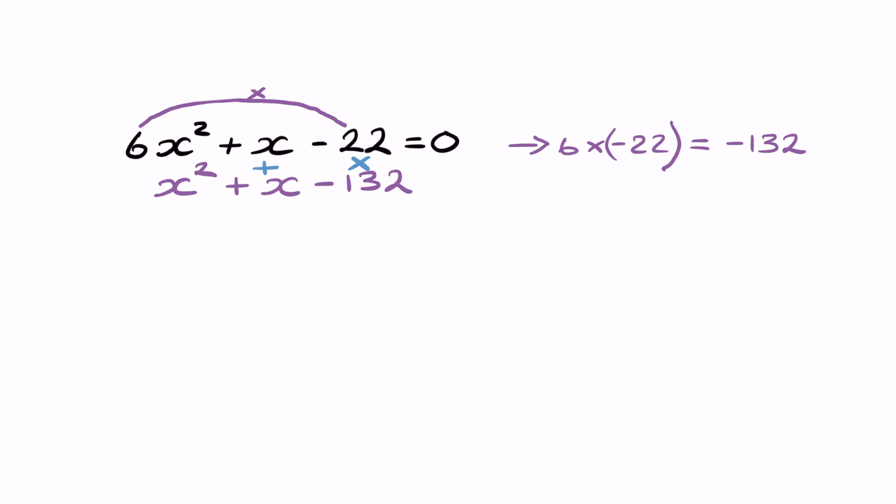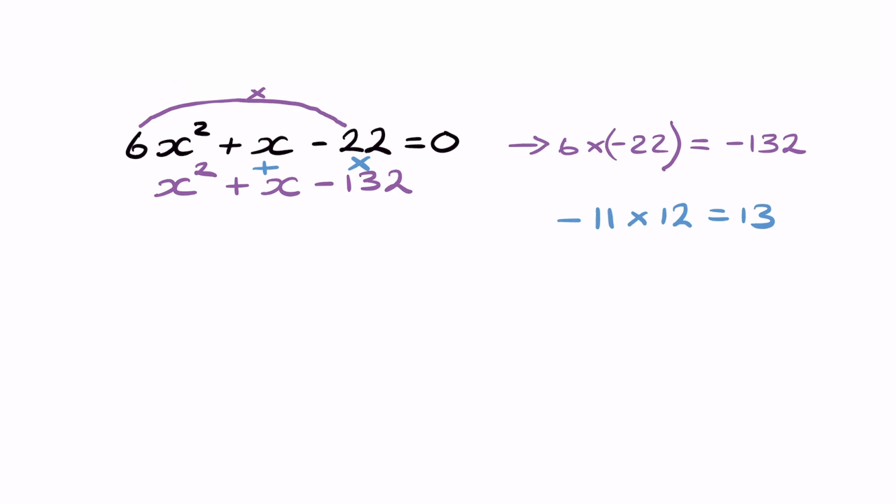So if you think your 12 times tables, 12 12s are 144, so 11 times 12, that equals 132, and we know we're dealing with 2 numbers that add to make a positive 1, so that means that our 12 is the positive value because it's greater, and 11 is the negative value.